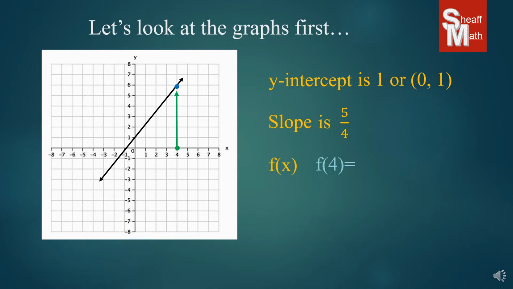And it meets right there. And so the y would be 6. So f of 4 equals 6. Okay? And so finding these three pieces of information on a graph is pretty easy. You just have to look at it, find the rise and the run, and then just kind of find the points that are necessary.